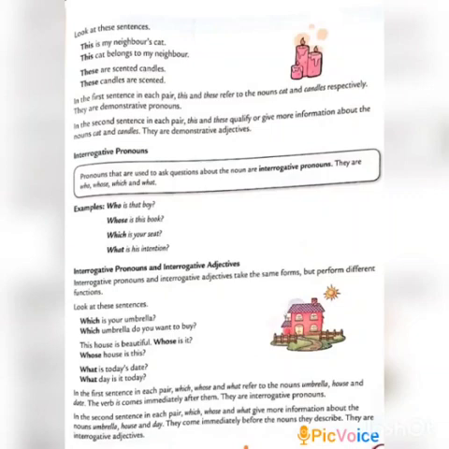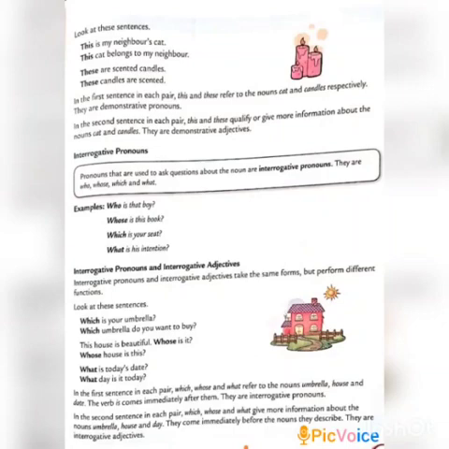Interrogative pronouns and interrogative adjectives take the same form but perform different functions. For example, which is your umbrella? Which umbrella do you want to buy? This house is beautiful. Whose is it? Whose house is this? What is today's date? What date is it today? In the first sentence in each pair, which, whose and what refer to the nouns umbrella, house and date. The verb is comes after them.